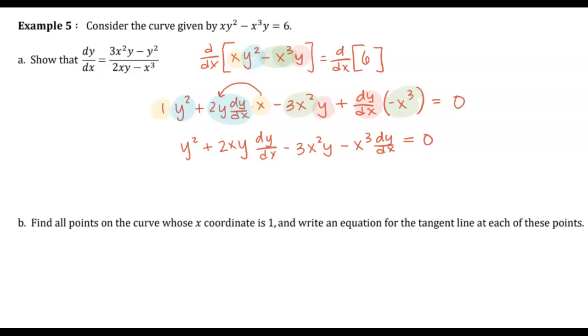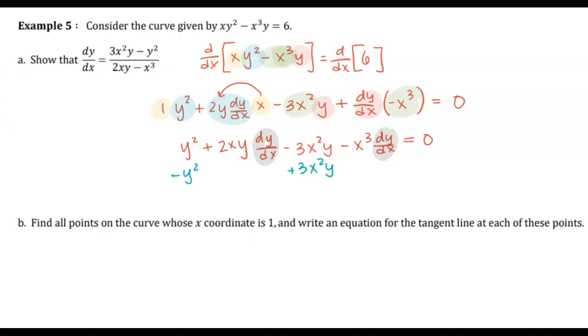So just a little bit of housekeeping. You probably did this as you were multiplying, but I'm moving a little slow just in case we need to. Now I want to isolate those dy/dx's, and since this is a show problem, I'm going to make sure it's really clear every single step. Even though I might be able to do this in my head, I'm going to make sure everyone sees what's happening, right?